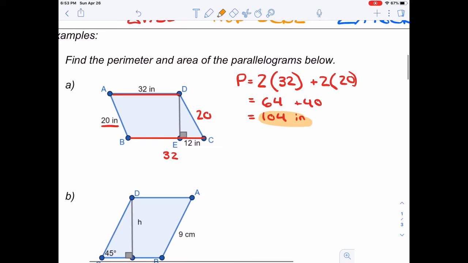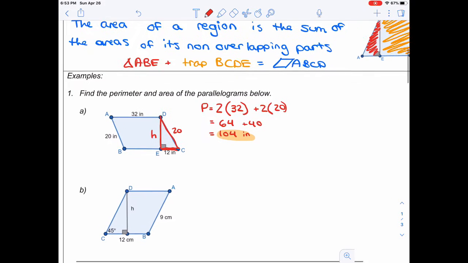So for the area now, we need to make sure that we have our height given to us. Looking here, we have a right triangle. Since we know that DC is 20, and we have our EC given to us, to find the height, all we need to do is use Pythag.